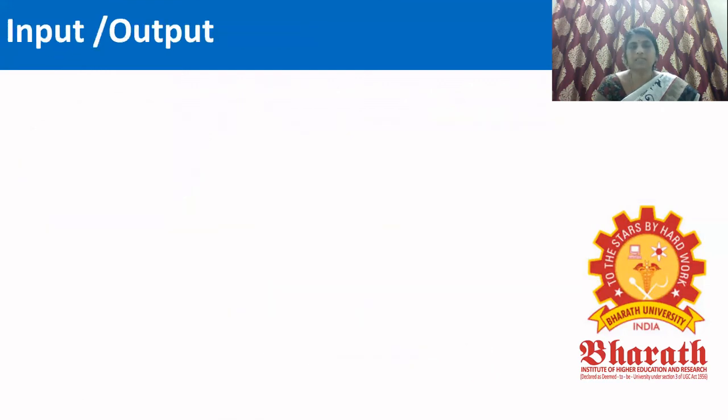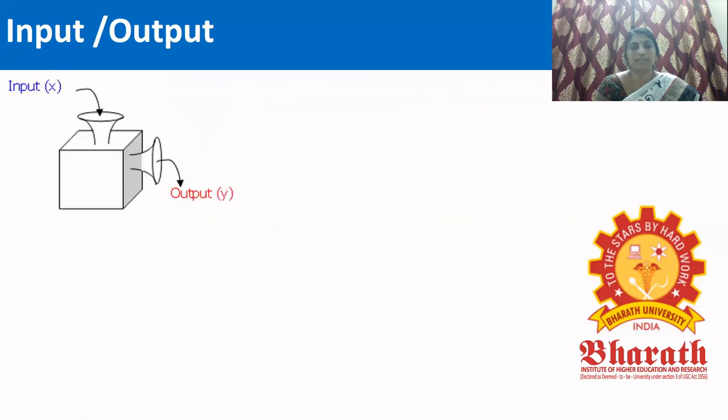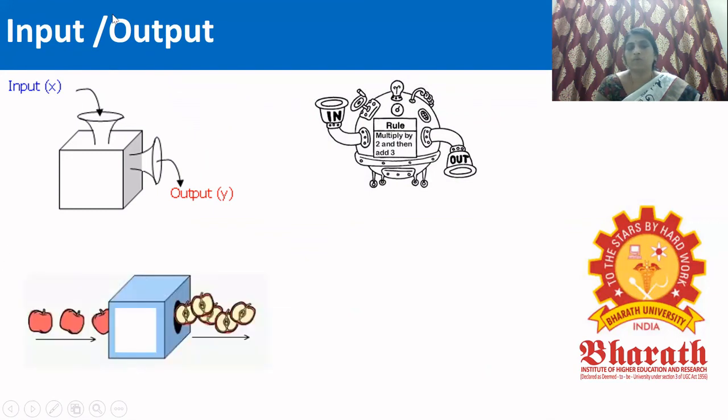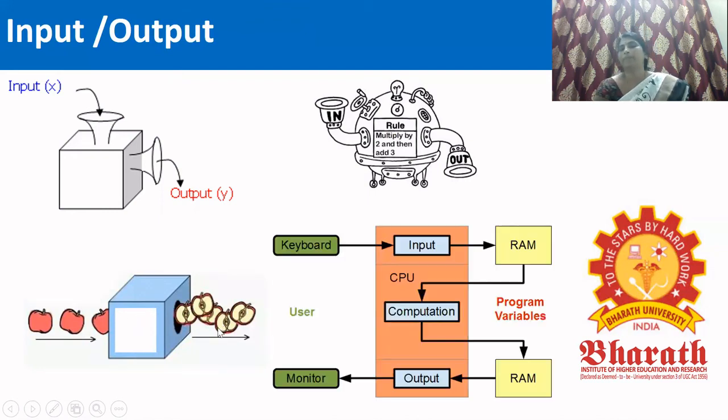Next, we'll discuss input and output, which is one of the important sections of the C language. So you know, when you give input, you get output. Say this machine is given an input, it will multiply by 2 and then add 3. In the same way, if this is the process where I send apples and I get a half apple.